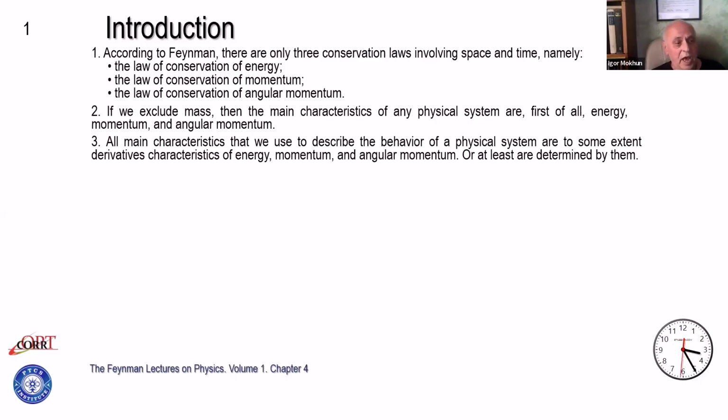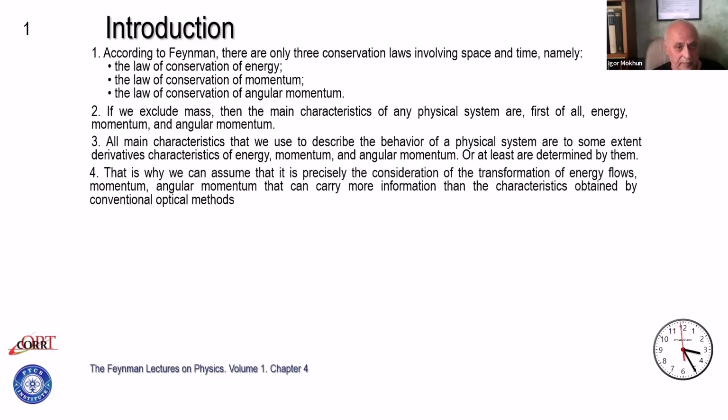If we are to be consistent, then it follows that all other characteristics that we use to describe the behavior of a physical system are in some sense derivative of energy, momentum, and angular momentum, or at least are determined by them.